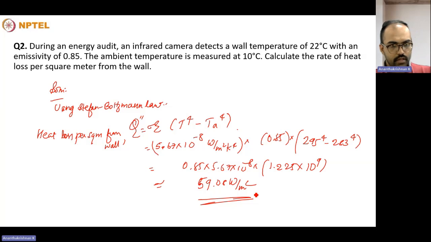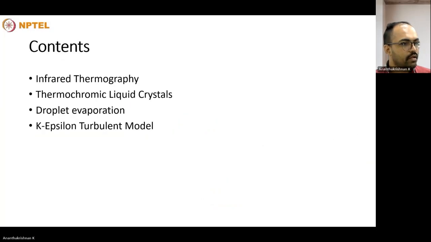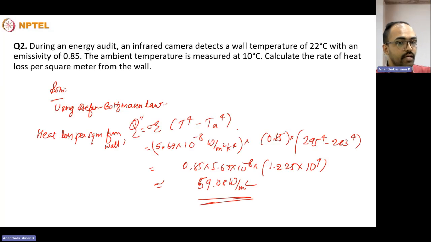The previous week's lectures actually deal with the detection of temperature using infrared thermography. In that case, they have considered the heat transfer that occurs from the surface to the infrared camera, and they have actually used a correlation to relate this heat transfer to the voltage.